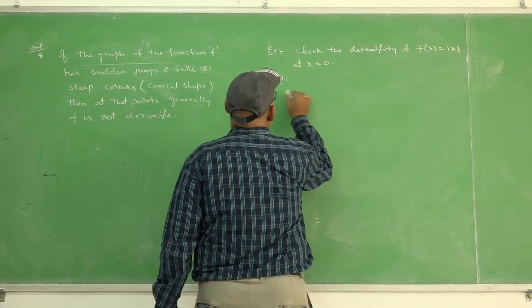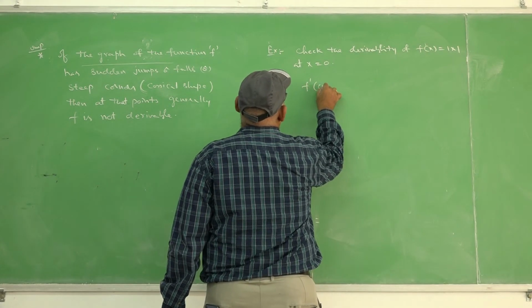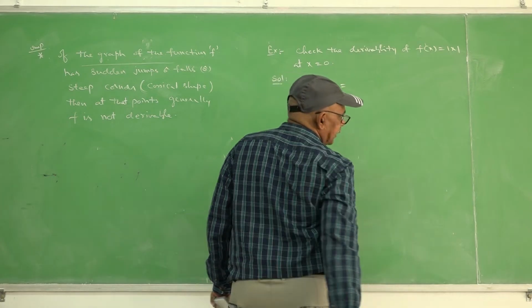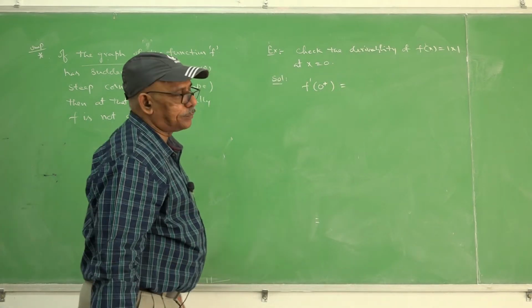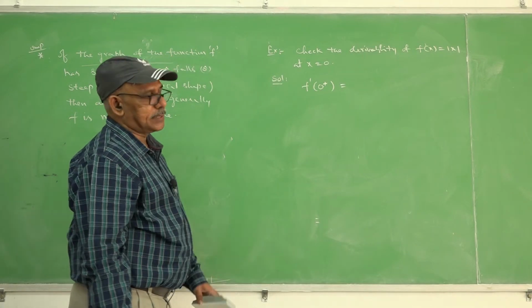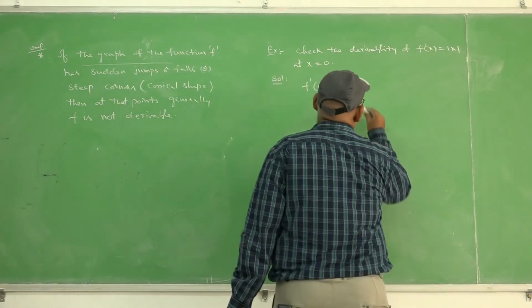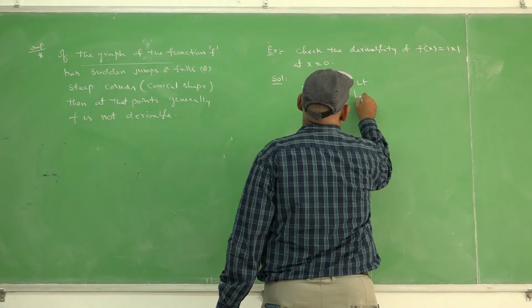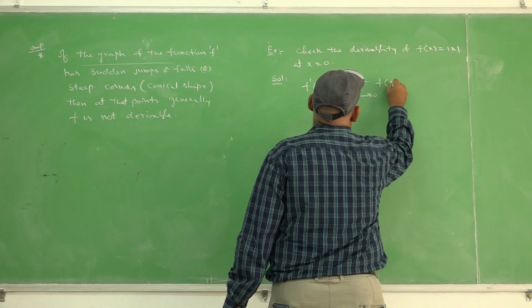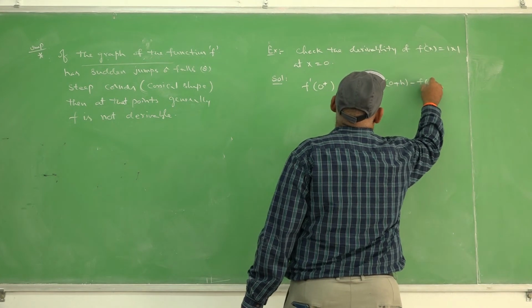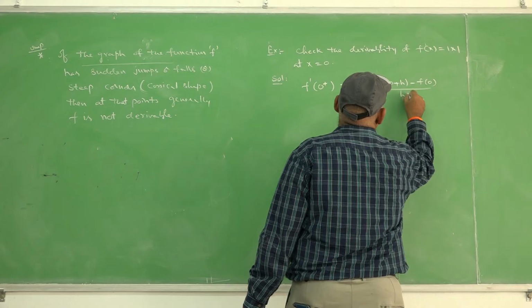For that, right derivative. Let us consider the right derivative of the function, f dash of 0 plus. By definition of the right derivative, that is limit h goes to 0, f of 0 plus h minus f of 0 by h.